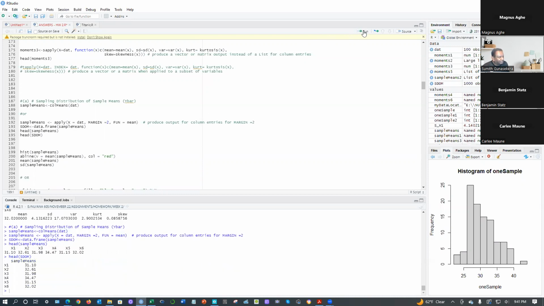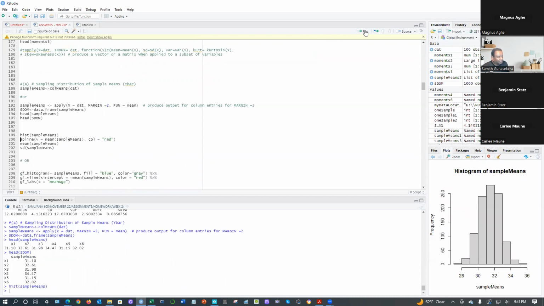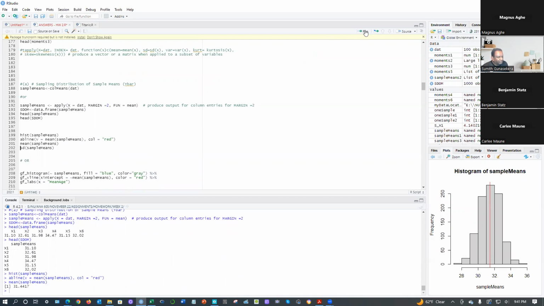Then you go to the histogram of the sample means. See the abline, and the mean of that one is 31.44. I'm going to get the average of all the means. Now I have only one mean, which is 31.44.